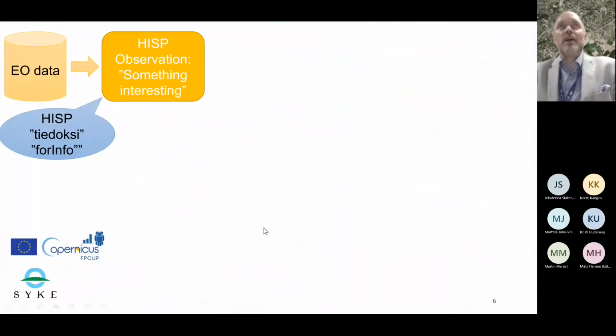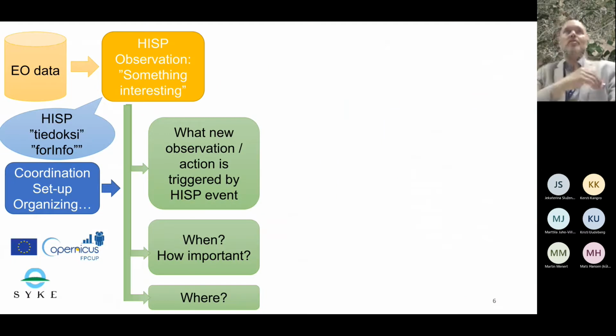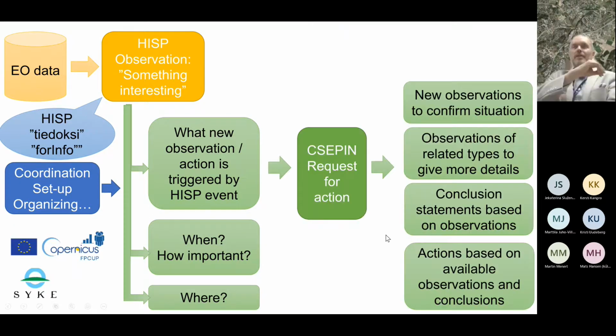So basically, we have this system of highlighting information of interest, and this is possible to do in different languages. And then the next thing that we will look into is this CSEPIN. For example, one would like to translate English-speaking observations to Finnish for the Finnish maps, and one could want to analyze an algae bloom further, as provided by the observers.